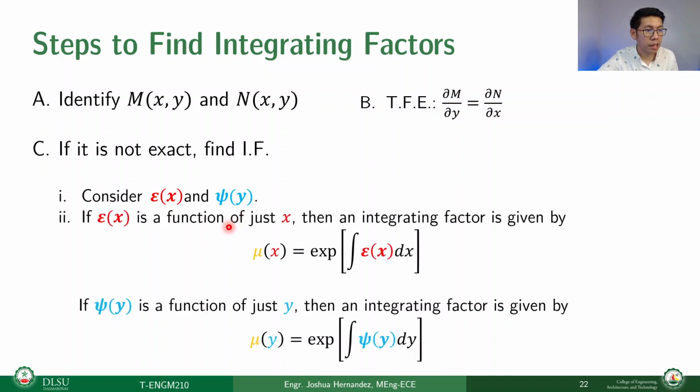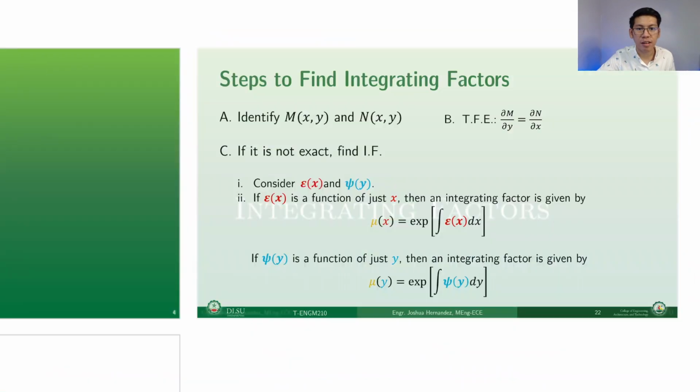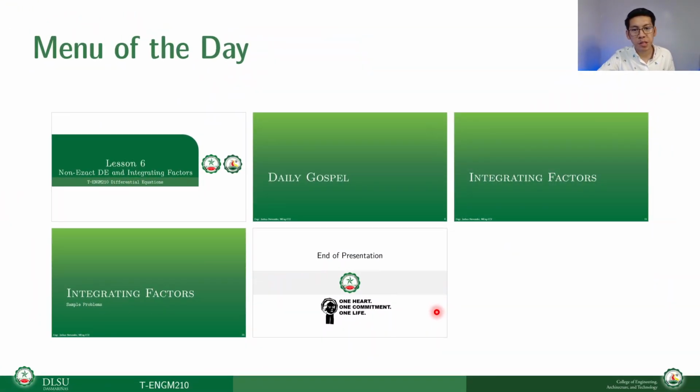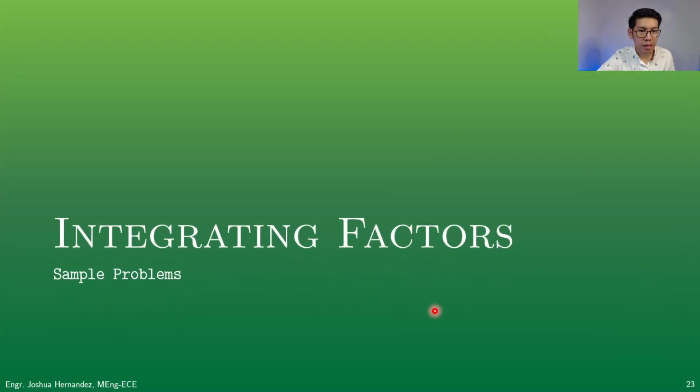If epsilon of x is a function of just x, then an integrating factor is given by mu of x equals e raised to the integral of epsilon of x dx. Now, if psi y is a function of just y, then an integrating factor is given by mu of y equals e raised to the integral of psi y dy. Alright. So to better appreciate this, let's take a look at some more problems.